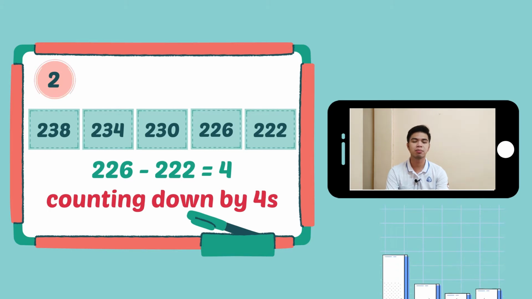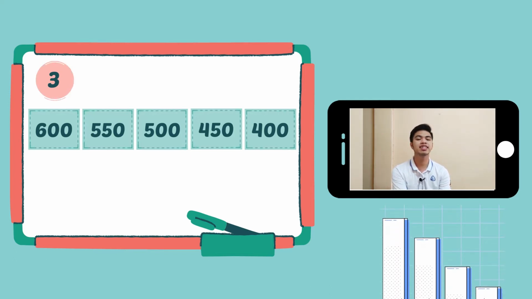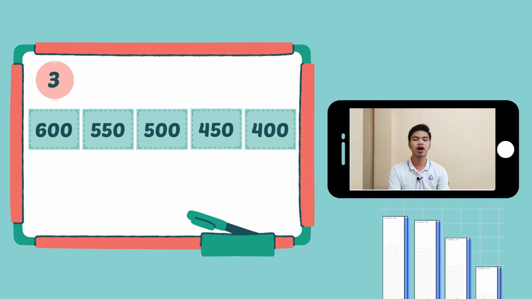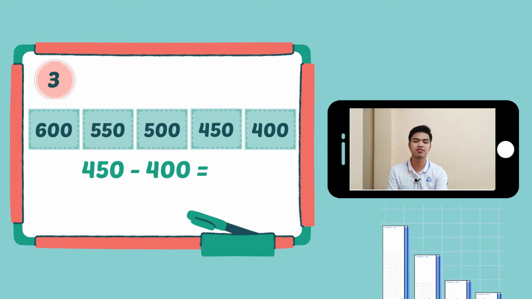So, let's go to number 3. For the number 3, we have the numbers 600, 550, 500, 450, and 400. So what is the counting down relationship of this pattern? So we're going to pick two consecutive numbers. So we have here 450 and 400. So we're going to subtract the two numbers.